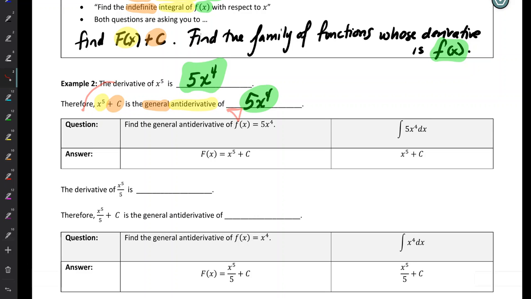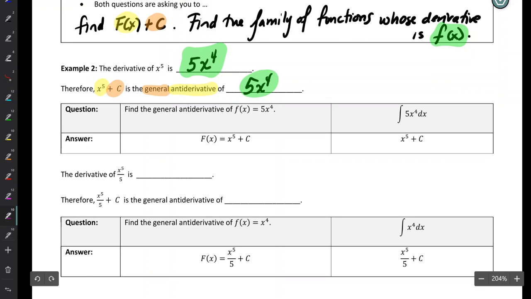All right? So we have been asking you to go backwards, to undifferentiate, with this language. Find the general antiderivative, and we specifically name the function 5x to the fourth.